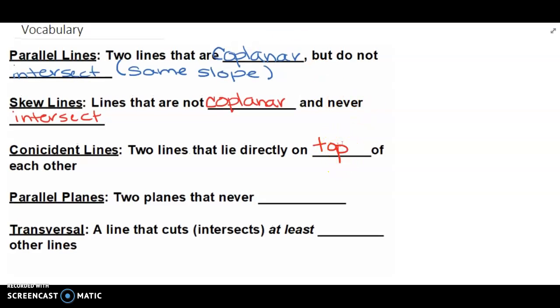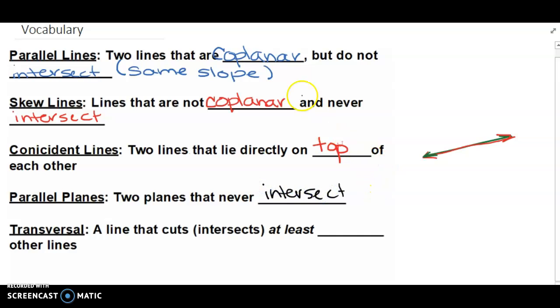Okay, so maybe you have a line here, and then maybe you have a line here right on top of it, okay? Parallel planes are two planes that never intersect.